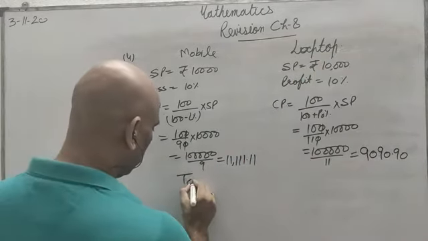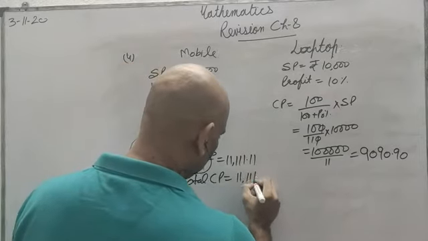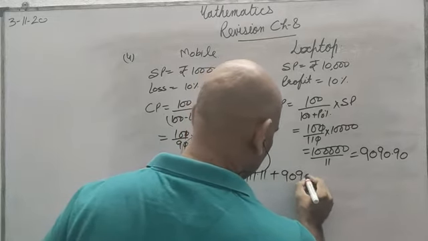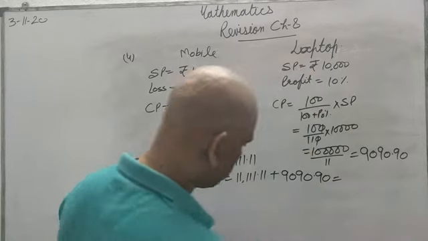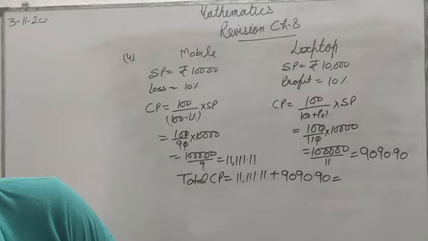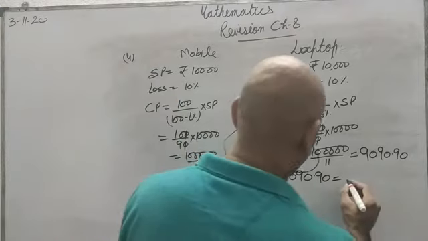So total CP, 11,111.11 plus 9,090.90 gives me 20,202 rupees 1 paisa.